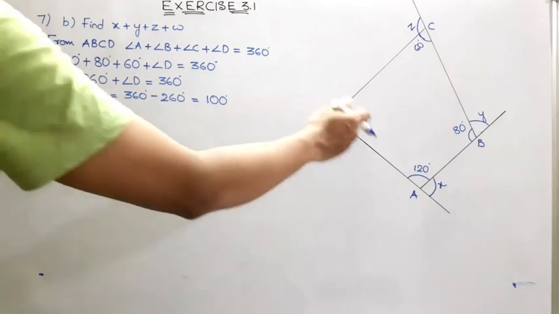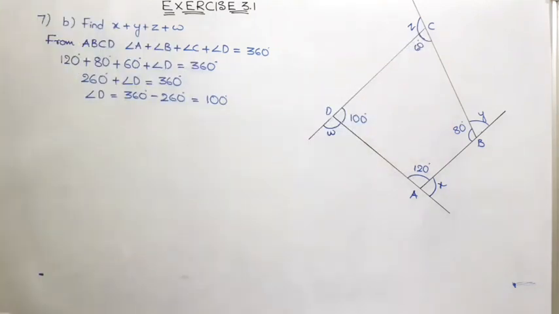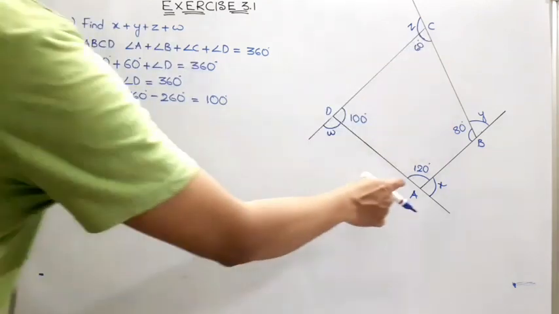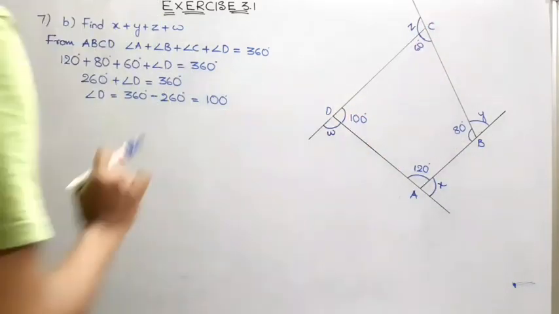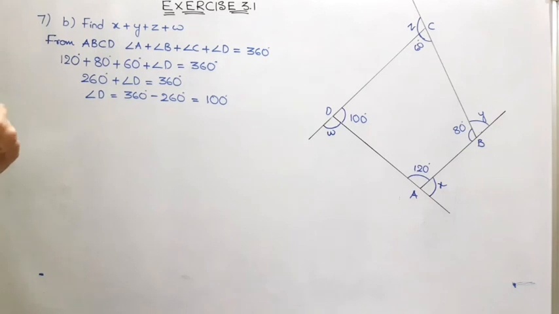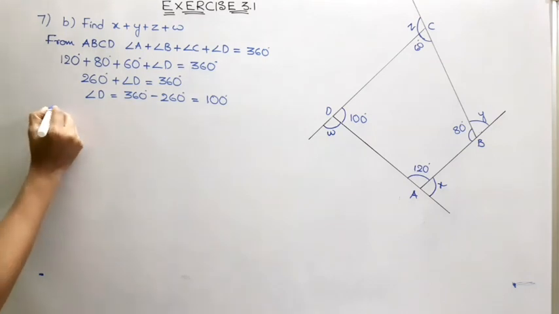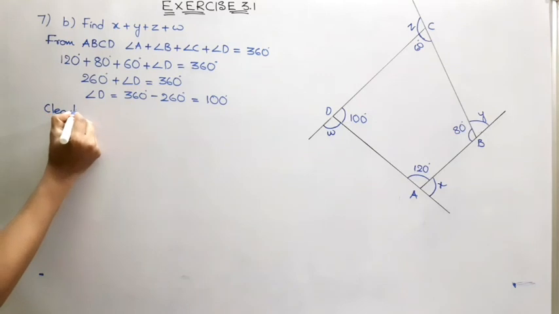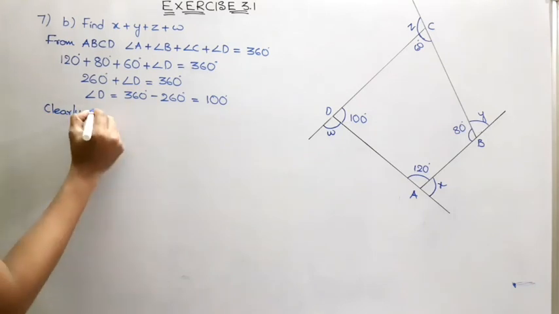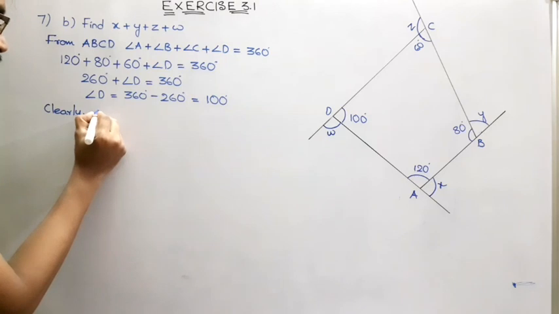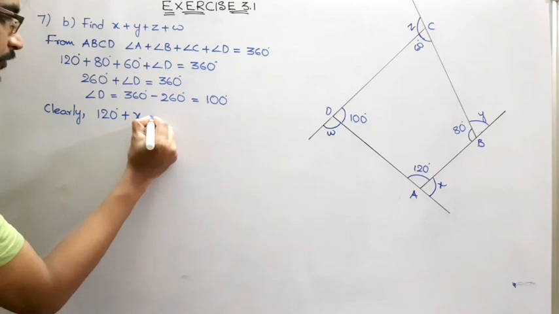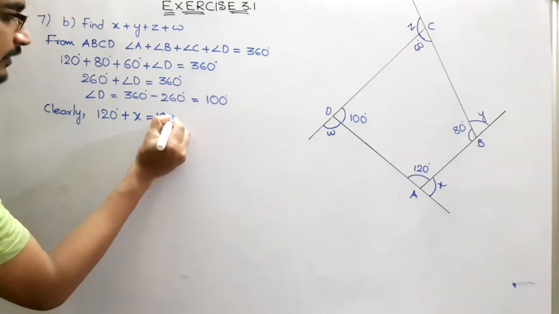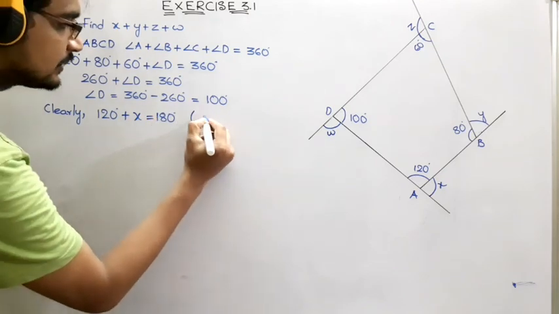Now as we have all the interior angles, we can find the exterior angles very easily, because look, all these portions are forming a straight angle. Therefore, we can say 120 degrees plus x is equal to 180 degrees.